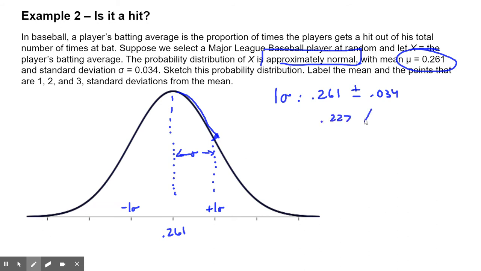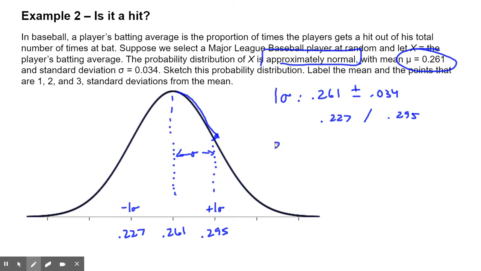And when I do the plus, I get 0.295. So the 0.227 goes here. It is 1 standard deviation to the left or below the mean. And the 0.295 goes here. It is 1 standard deviation above the mean.